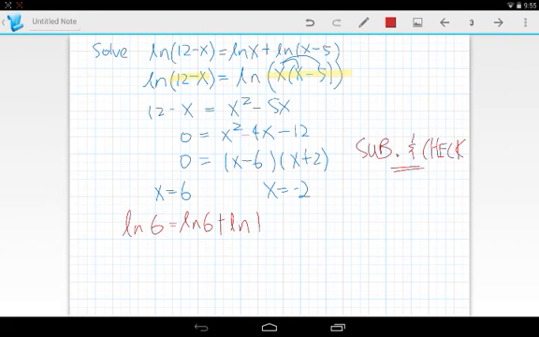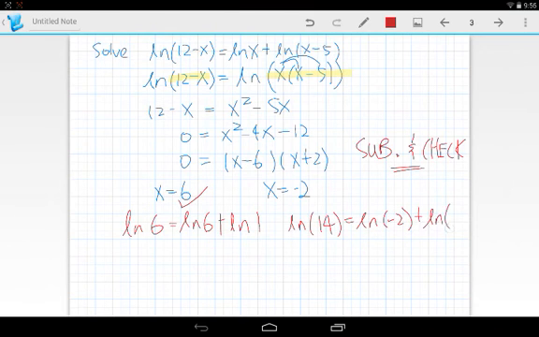So x equals 6 is good. Let's say x is equal to negative 2. Then I have ln of 12 minus negative 2, which becomes 14, equal to ln of negative 2 plus ln of negative 7.